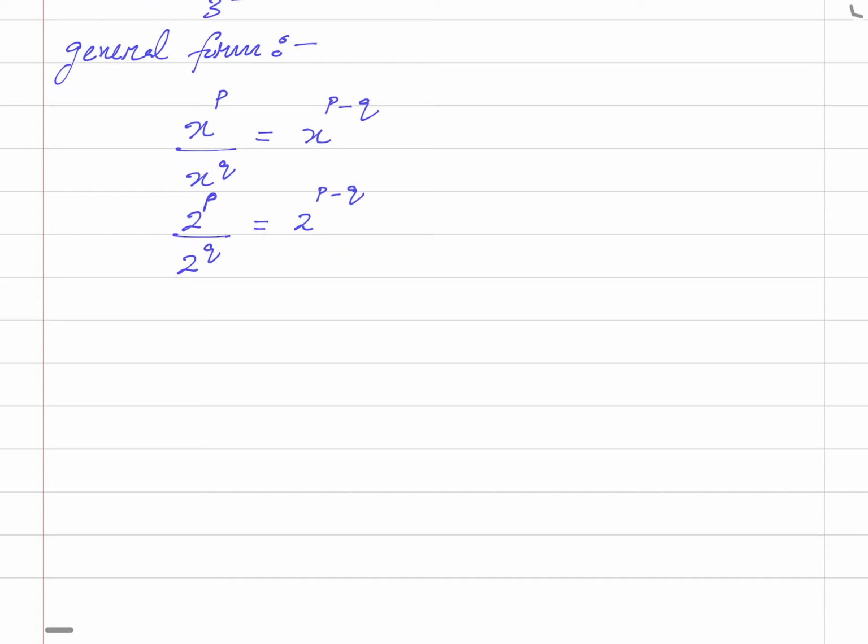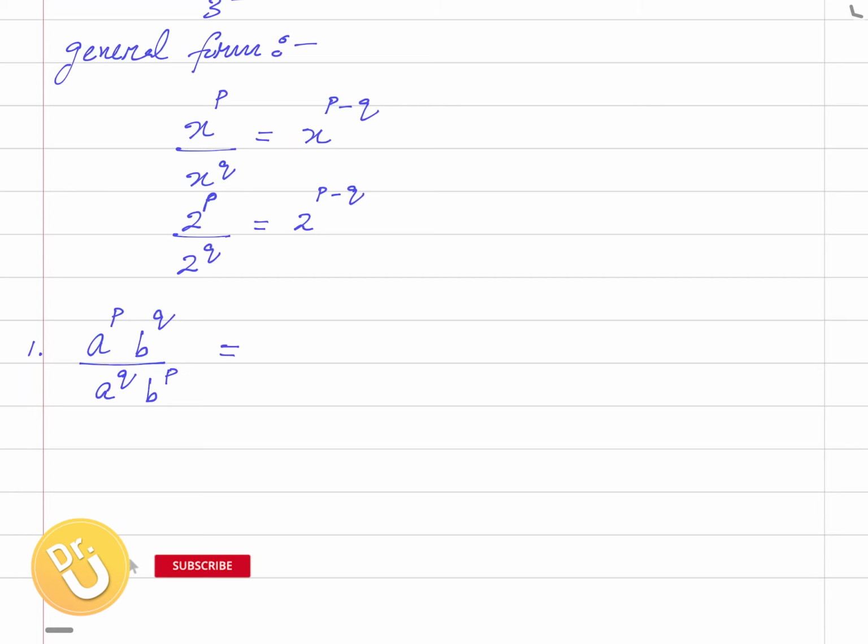Now we will try to understand a few questions here. So a to the power p, b to the power q divided by a to the power q, b to the power p. How do we understand this?